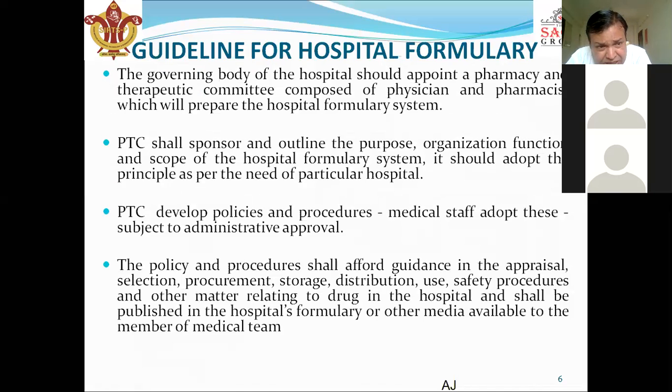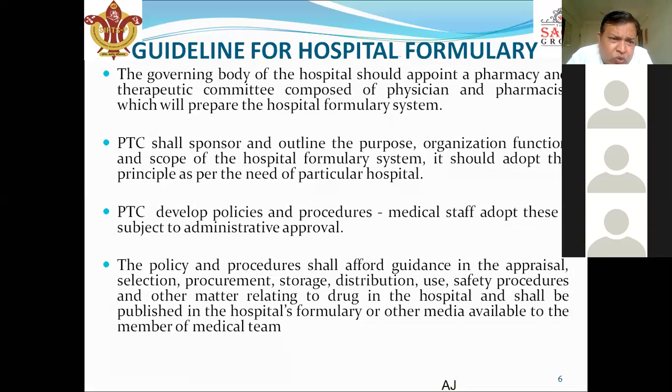This PTC is one committee which decides the hospital formulary within a hospital, along with a number of works going on in the hospital, which are also regulated by the PTC. PTC is nothing but a committee which includes some physicians, some pharmacists, and some nursing staff.